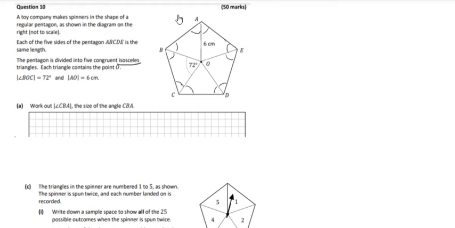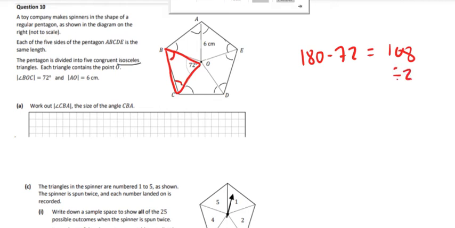So I'll just look at this triangle here. We know the angles in a triangle must add up to 180, so to get this angle and this angle, we can do 180 minus 72. That means those two base angles are equal to 108, and if I divide that by 2, 108 divided by 2, I get 54.